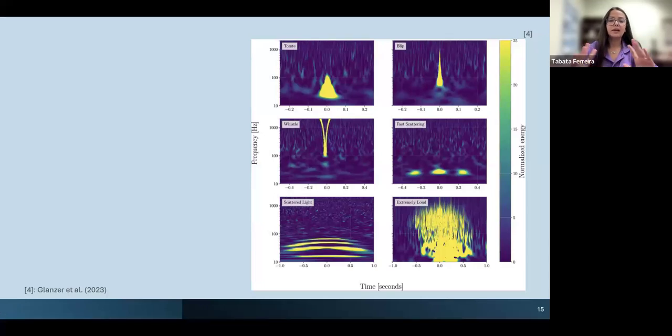All right. And why do you want to have different Qs? As I said, it's important because the morphology, the way we look at the glitches in the spectrograms, can bring some information about sources. For example, here we have this glitch called fast scattering.